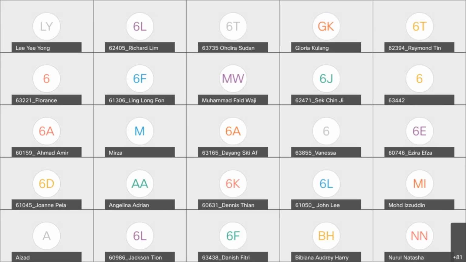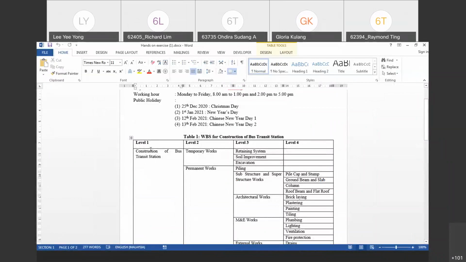I already created the WBS for all of you, so it is easier for you to try later on. Normally when we develop the WBS, we have level 1, level 2, level 3, level 4, level 5, level 6, depending on how many levels you have developed. Sorry, I did not share.